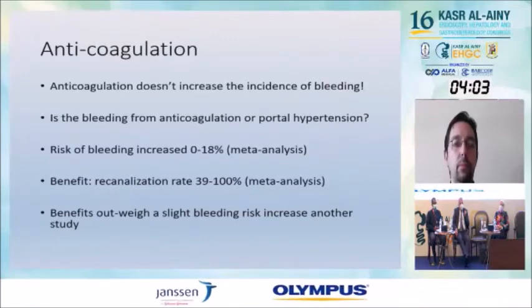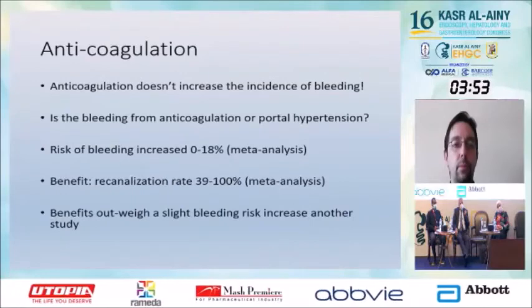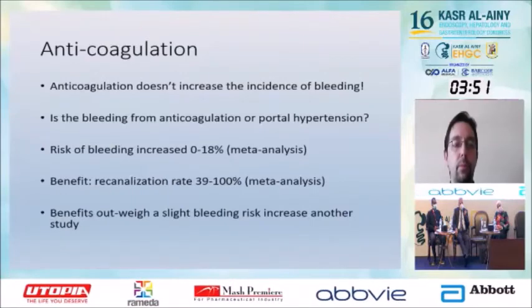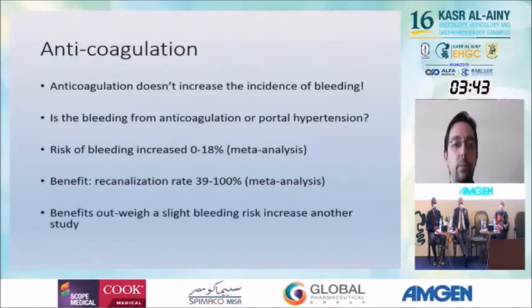However, because we cannot tell if the bleeding is from anticoagulation or from portal hypertension, this also creates some confusion. But in a meta-analysis, the risk of bleeding did increase from 0 to 18%, but the benefit was 99 to 100%. And in another study, the benefits outweigh a slight bleeding risk increase.